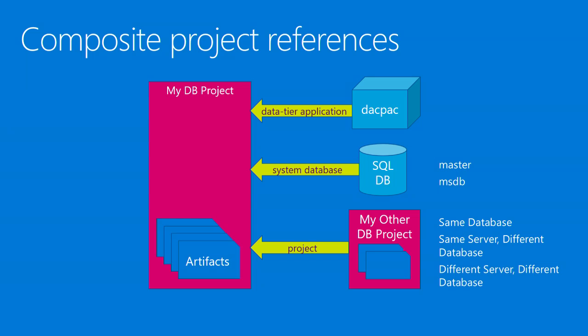So this is quite cool. You've got two projects actually going to deploy to the same database. The same server, a different database, or a different server, different database. And those two there just introduce a couple of SQLCMD variables into your project, and you can set those at deploy time, and they'll resolve to wherever those reference databases are.